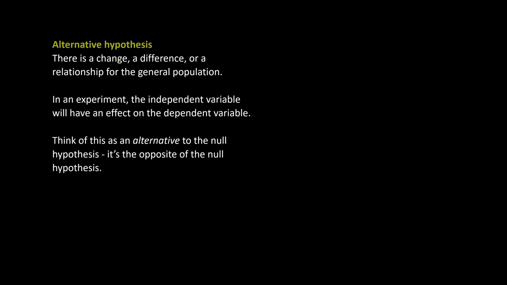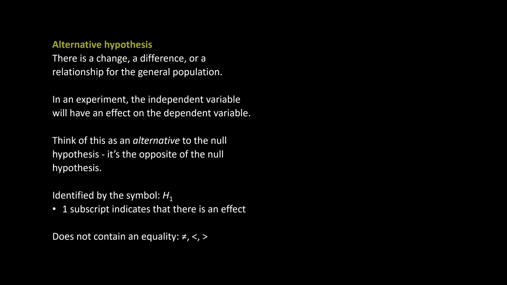It's literally the opposite. If the null hypothesis is saying nothing happens, the alternative hypothesis says it does. It's identified by the symbol H subscript 1. The subscript 1 essentially just indicates that there is an effect that is occurring. And it does not contain an equality. So it would be does not equal, greater than, or less than.